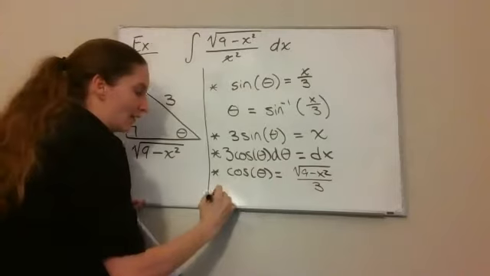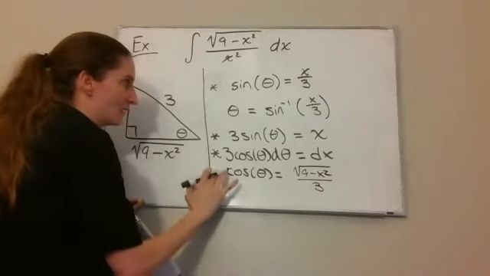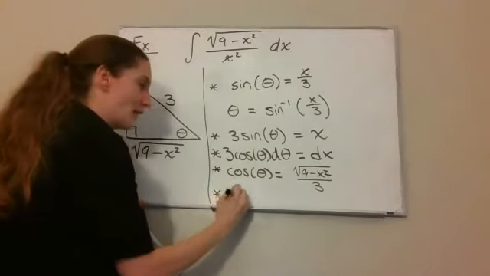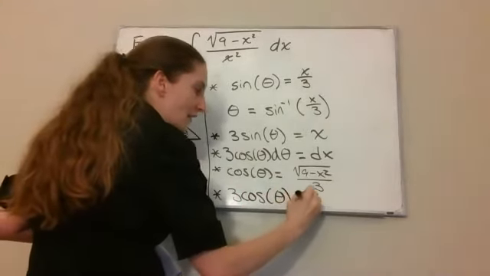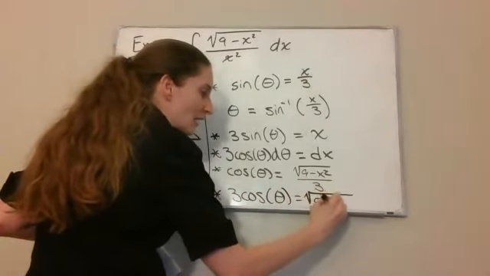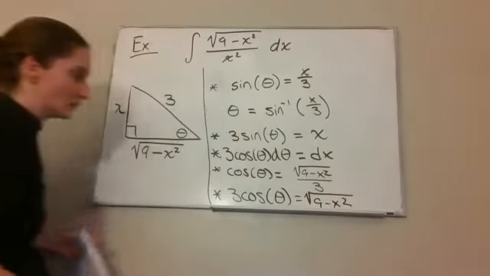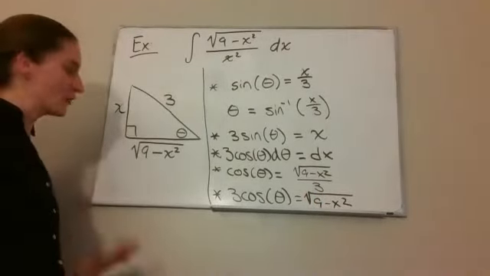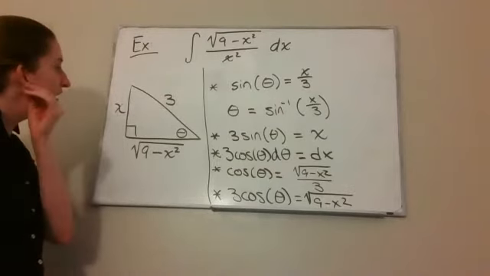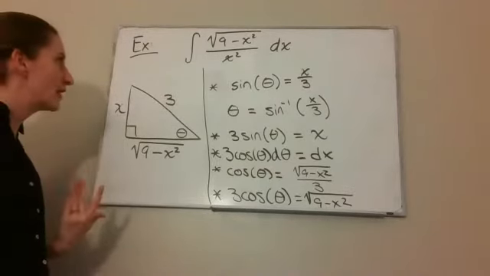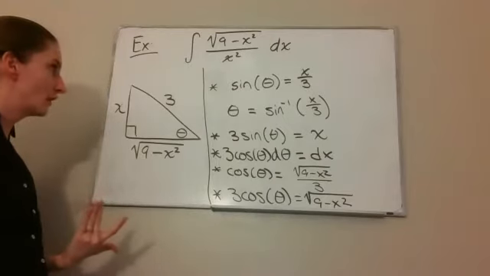And that means, solving that, I have 3 times the cosine of theta is equal to my square root of 9 minus x squared. So I found all of that information just by writing down a triangle and seeing what I have. Now we need to rewrite our integral using this information.